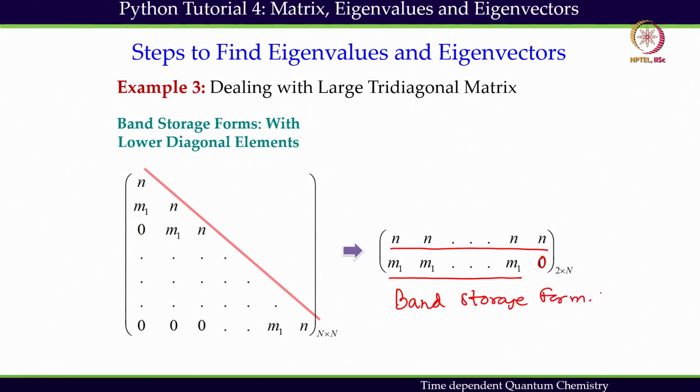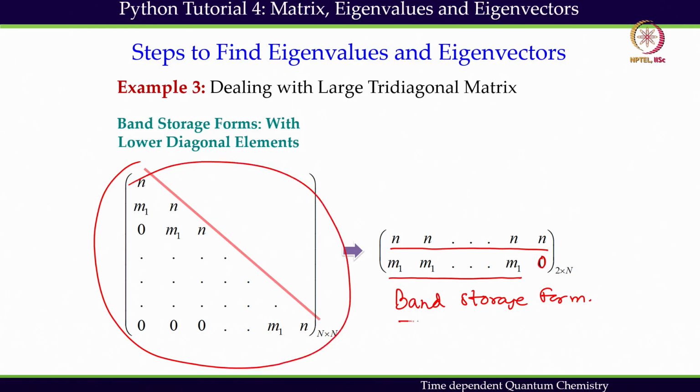So, what we get is that we are actually storing the very large Hermitian tridiagonal matrix in the band storage form to reduce the memory consumption when you are dealing with the matrix.